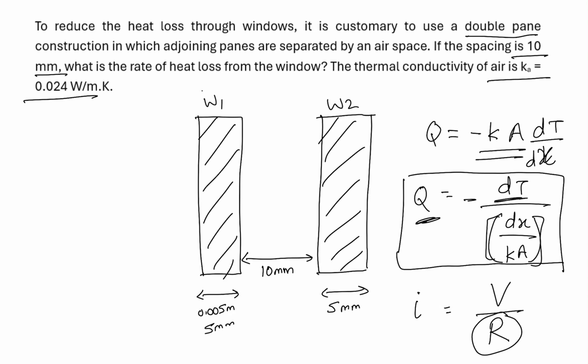Now if we see, there is a temperature inside in this region, and a temperature outside in this region, and heat is conducting from inside to outside, as the inside temperature is higher.